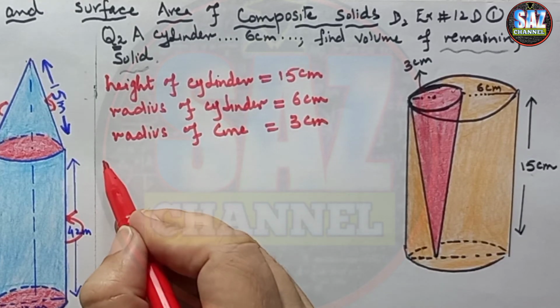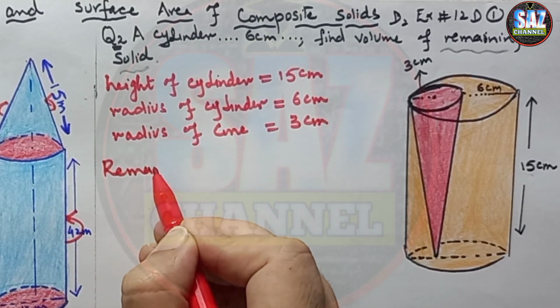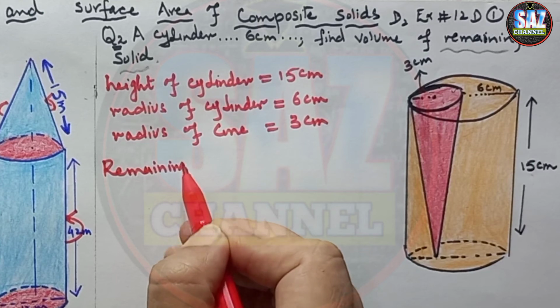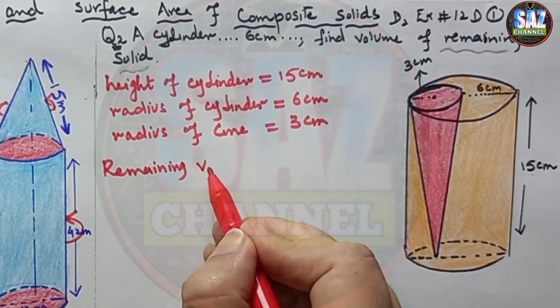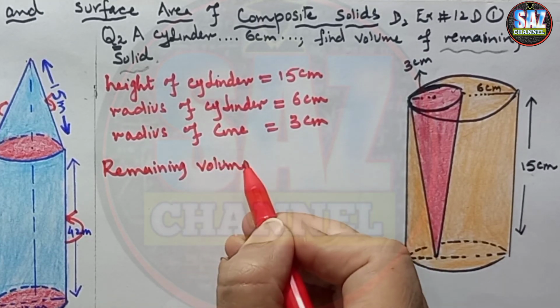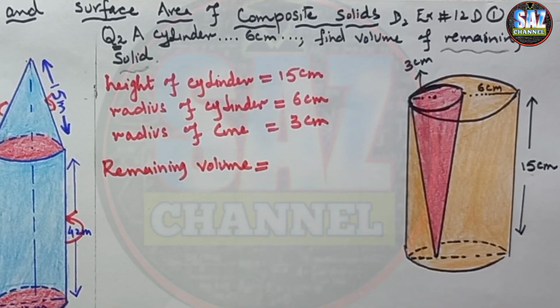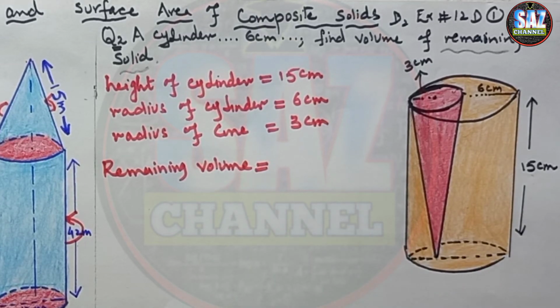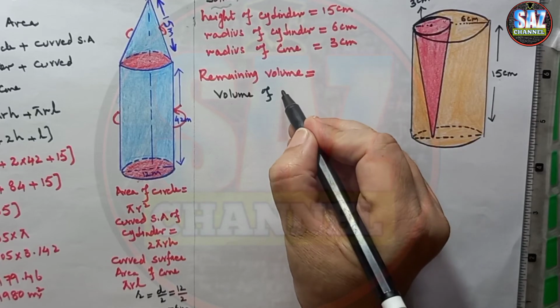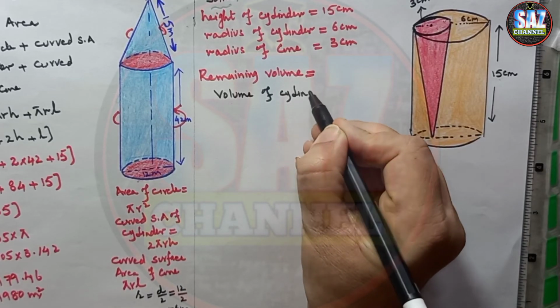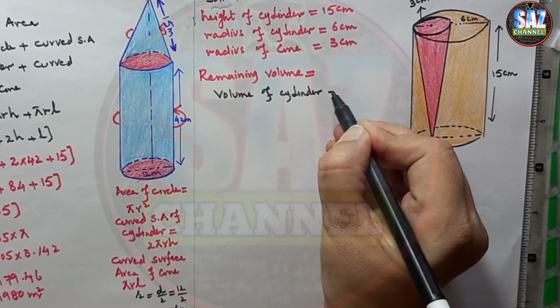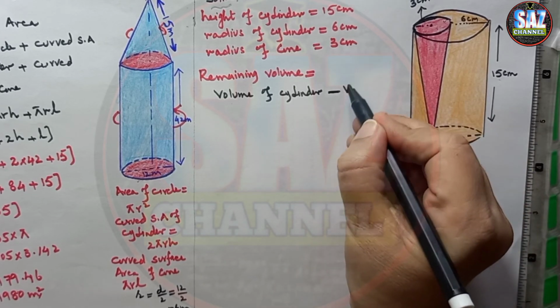Remaining volume will be equal to volume of cylinder minus volume of cone.